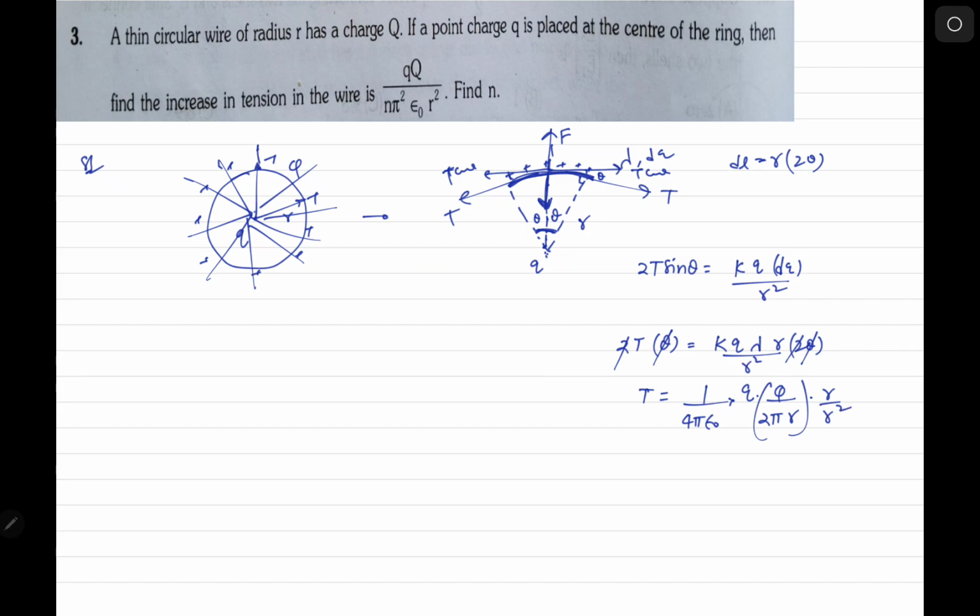So T is equal to Q q by 8 pi square epsilon naught r square. This is the tension, and if we compare this with the given expression, the n value is 8. So that is the answer. Hope you understood. Thank you. Next, let's move to the next question.